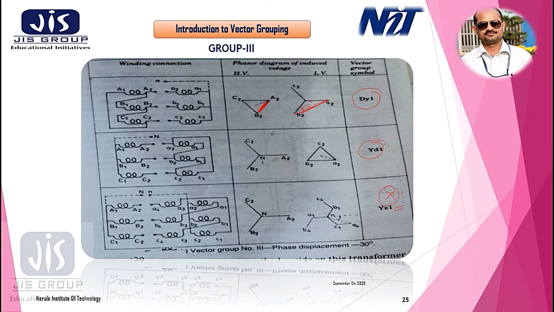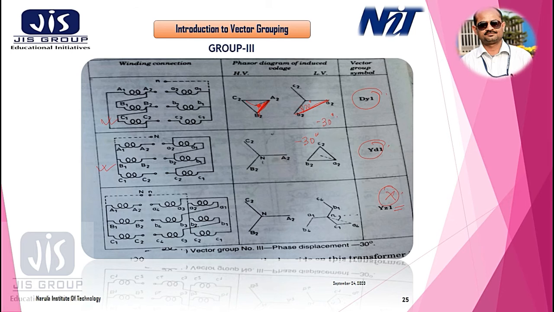Or else we can take the neutral voltage also, and we will get the same minus 30 degree phase lag. Here also this is true, and accordingly this is the winding diagram.